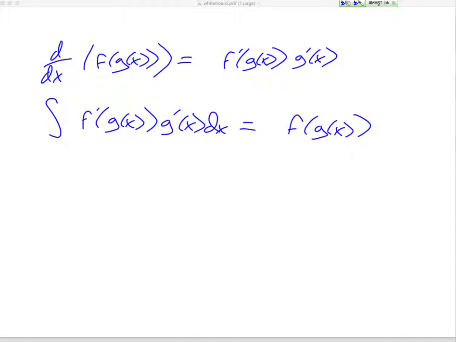So if I look at this, and I look at that, what is it that is actually integrated? There's only one thing that was integrated.